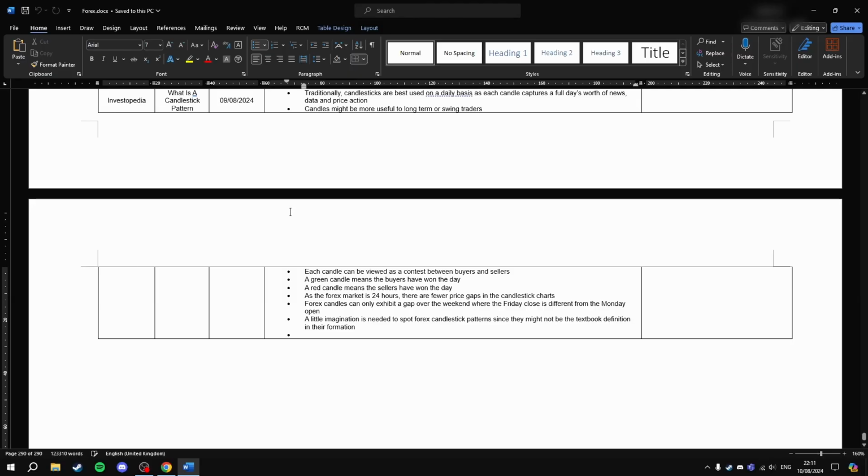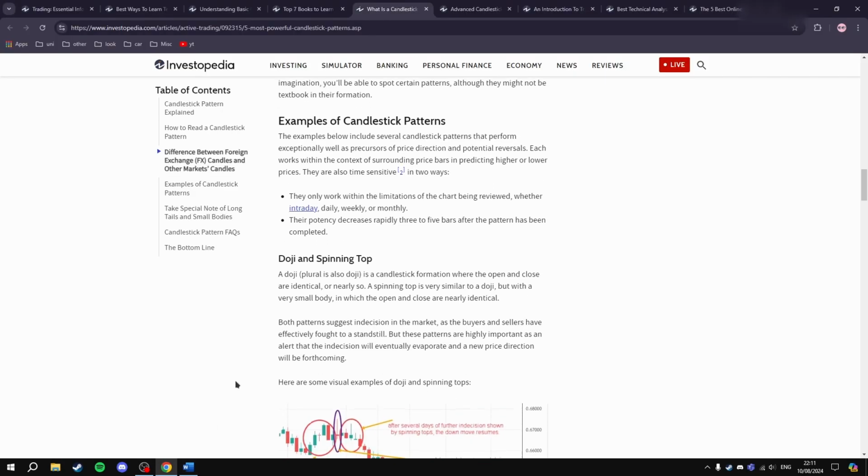As the Forex market is 24 hours, there are fewer price gaps in the candlestick charts. So Forex candles can only exhibit a gap over the weekend, where the Friday close is different from the Monday open. A little imagination is needed to spot Forex candlestick patterns, since they might not be the textbook definition in their formation. So that's what we got up to last time.